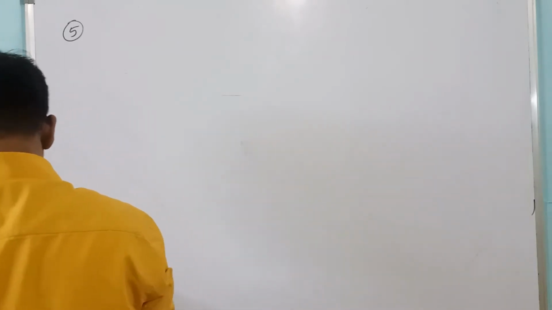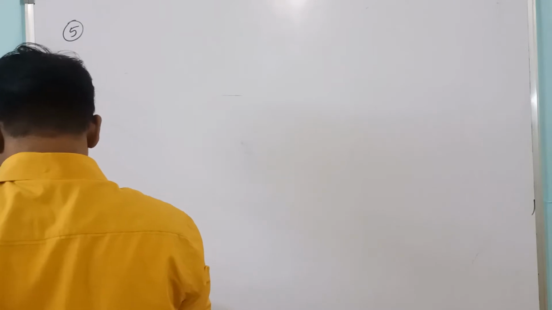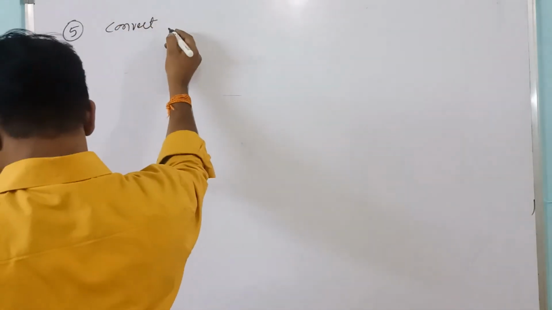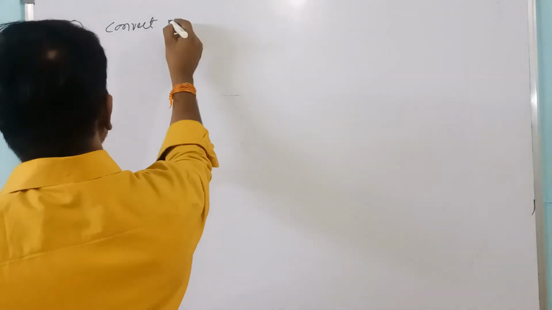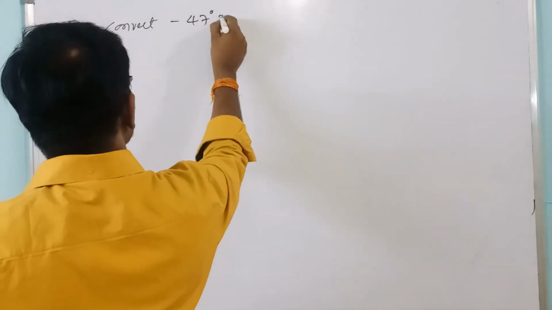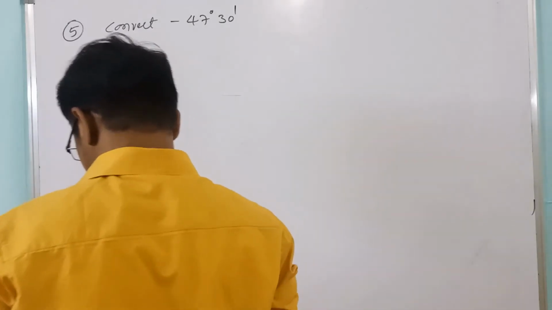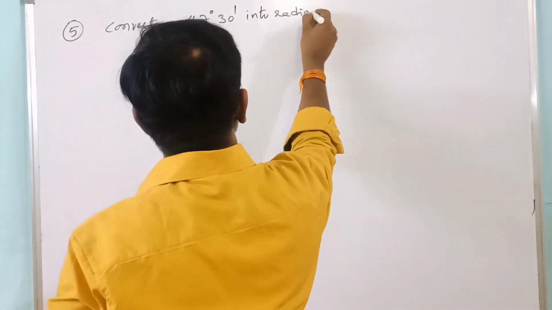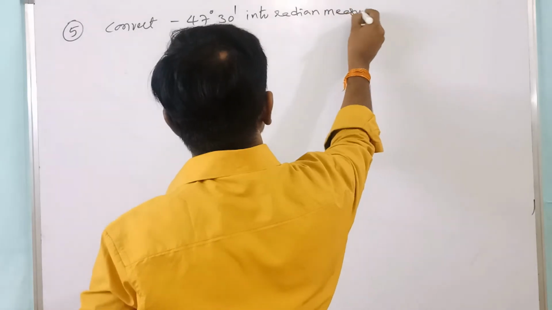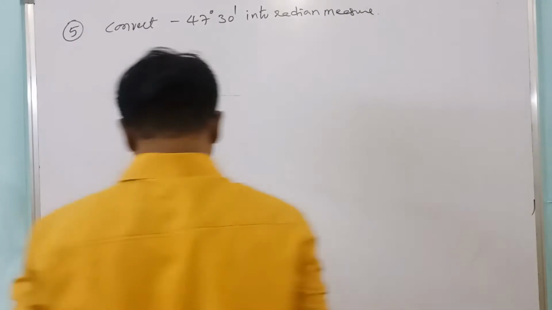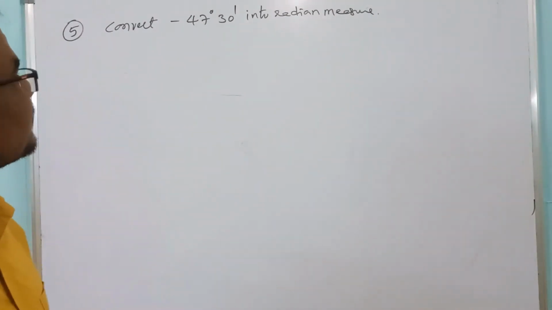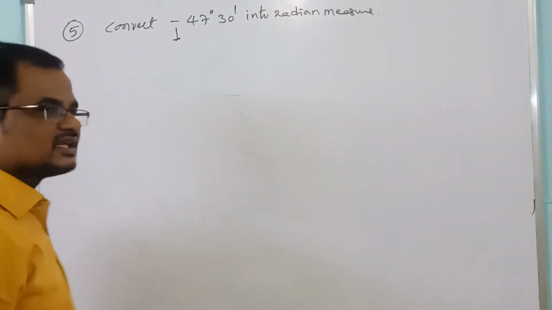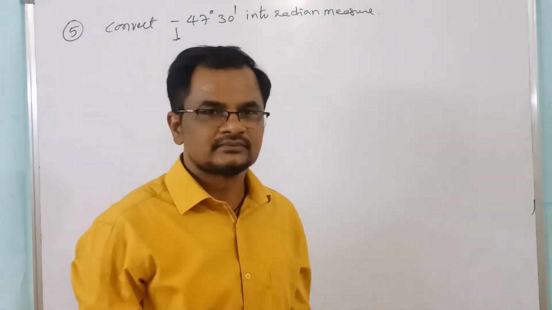Convert minus 47 degrees 30 minutes into radian measure, it is asking. Here minus is there, which means nothing but a negative angle.